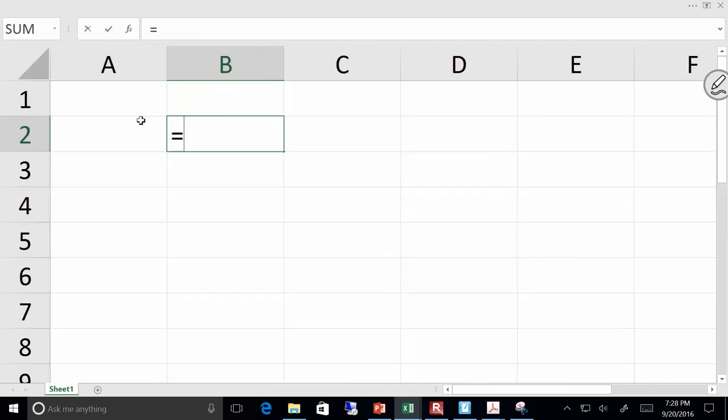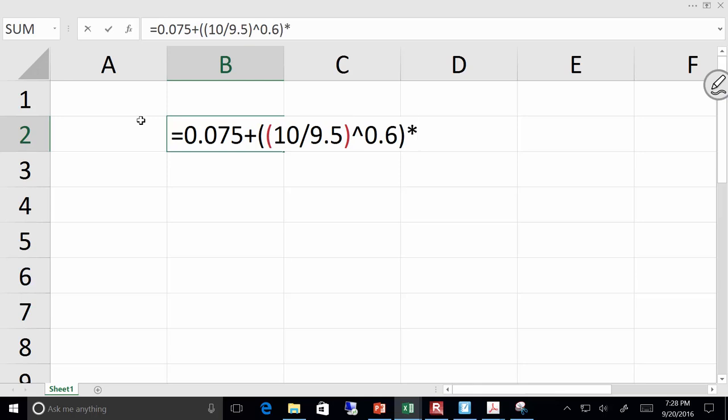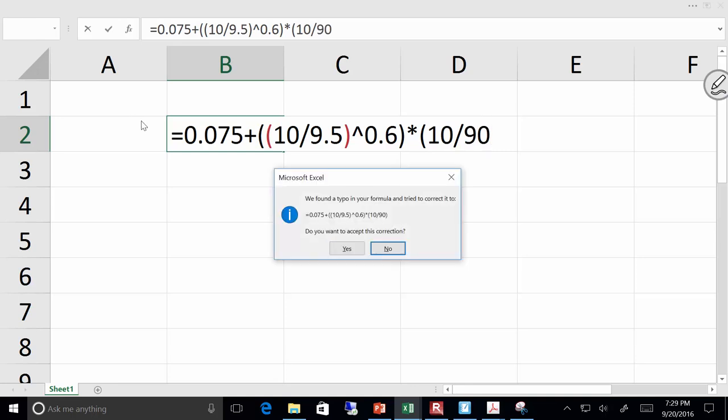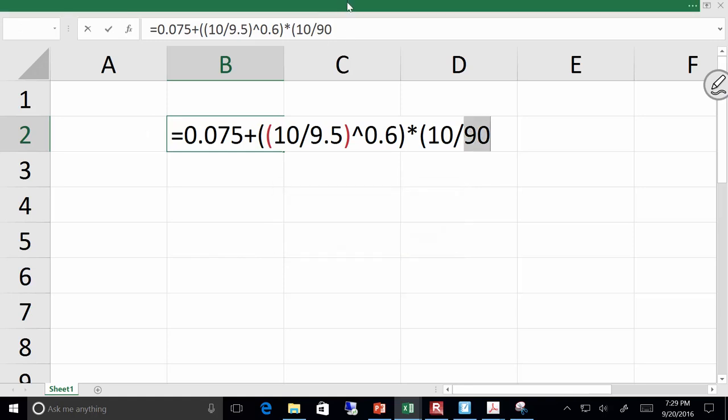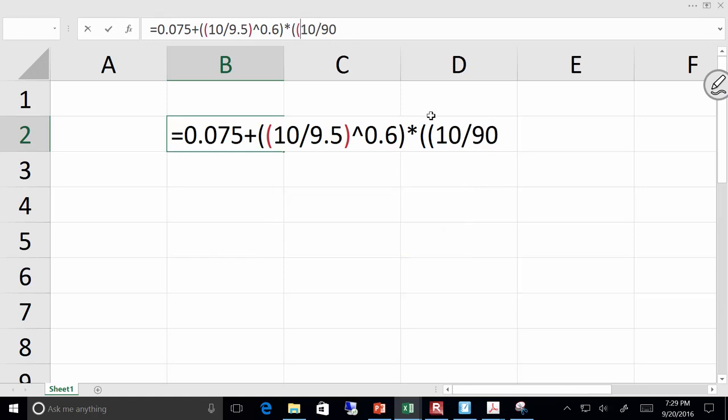So what do we have? Let's do that second one: 0.075 plus 10 divided by 9.5 raised to the 0.6 times 10 divided by 90, that is raised to the 0.2.